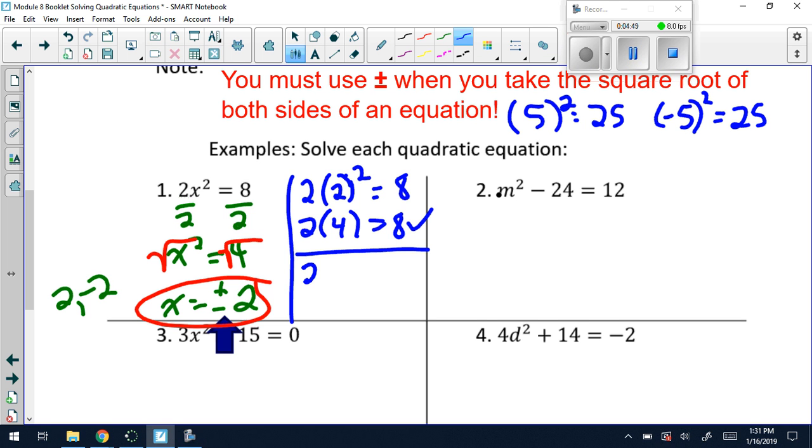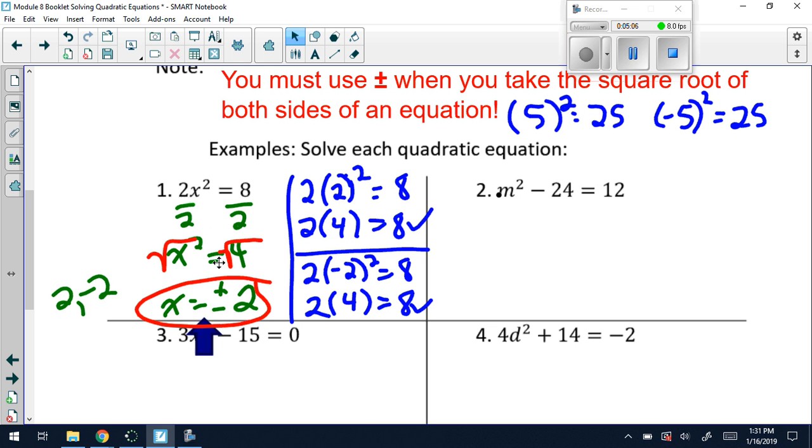If I plug in negative 2, I do my exponent, and then when I do my multiplication, I'll see that that is also a true statement. So my solutions, because I expect 2 with the x squared, to 2x squared equals 8 are positive 2 and negative 2.